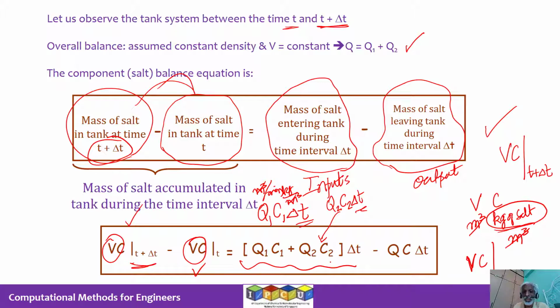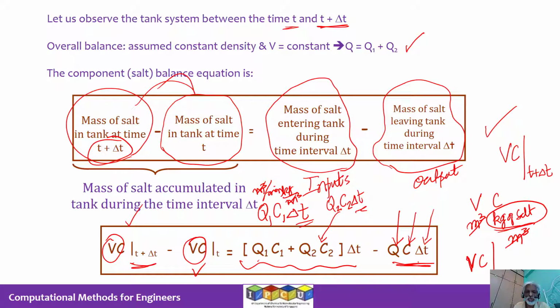Now, what's the salt that leaves the tank during the time interval delta T? Using the same combination of variables, it's going to be the outflow volumetric rate multiplied by the outflow concentration multiplied by the time. So it is going to be QC delta T. This is the amount of salt that leaves the tank during the time interval delta T.